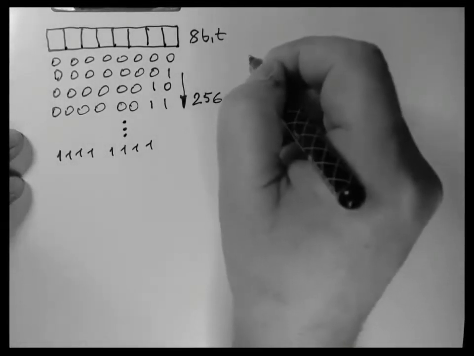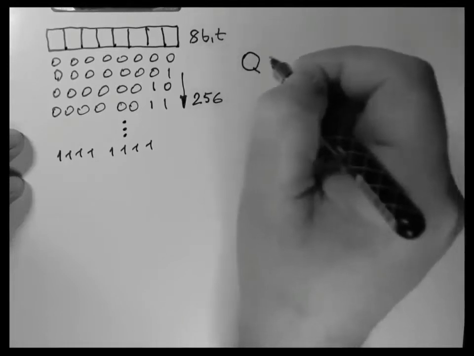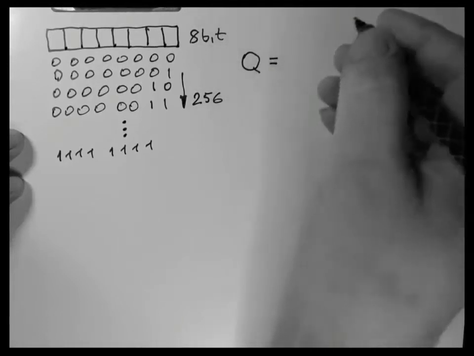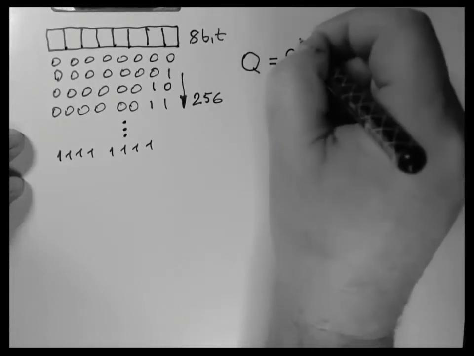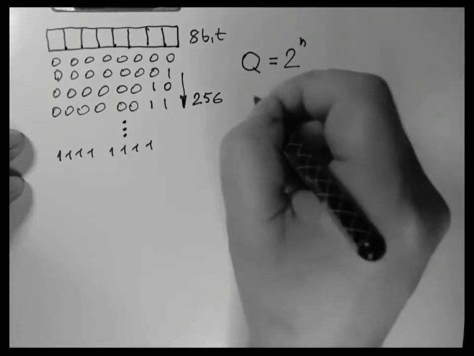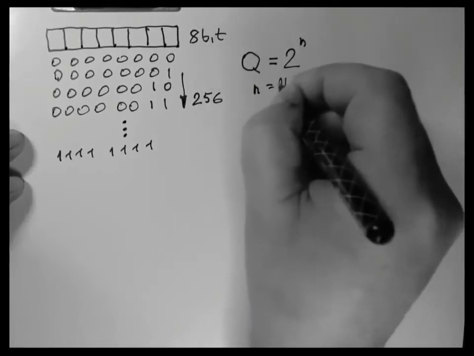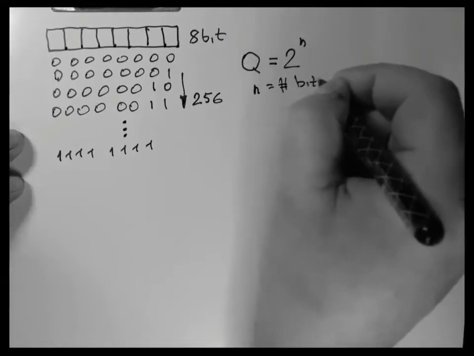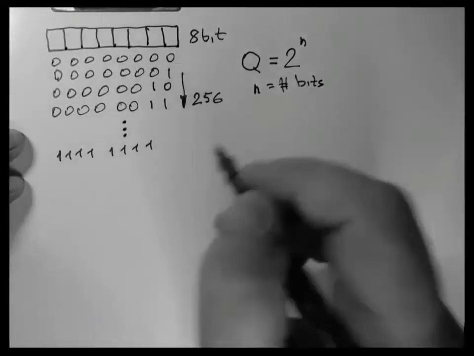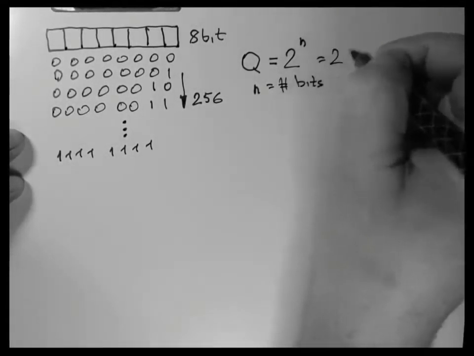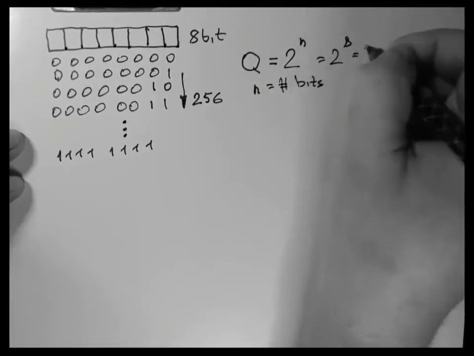Okay, total combinations is 256. So we can utilize our formula. Q, the number of combinations, is equal to 2 to the power of n, where Q is the number of combinations and n is the number of bits. For 8 bits, that will be 2 to the power of 8, which is 256.